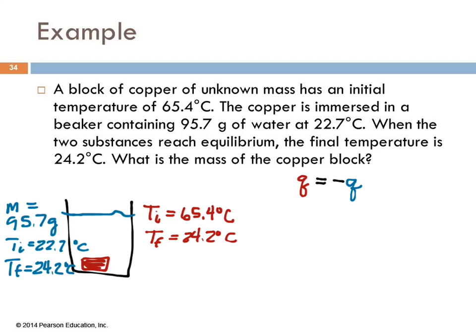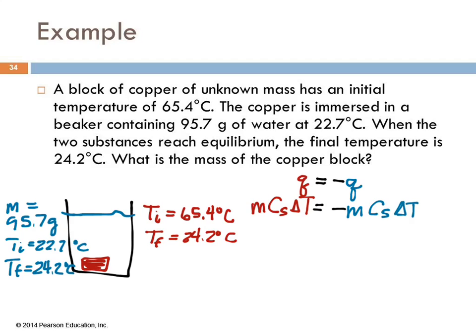It's m, the specific heat, and delta T. Now we don't want to lose our negative sign. And then over here, we've got m, c, delta T. The heat lost by one is gained by the other.